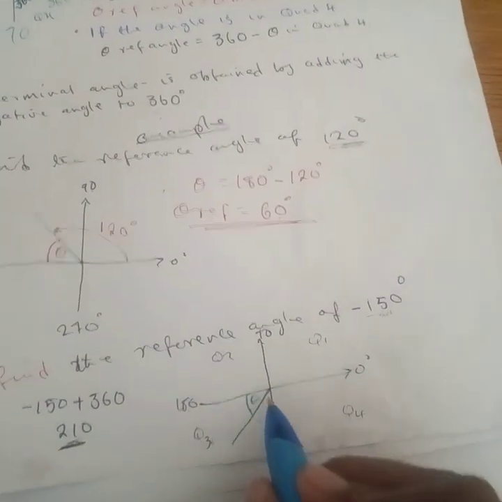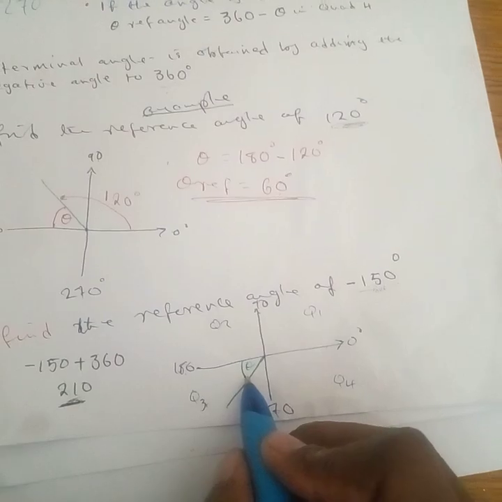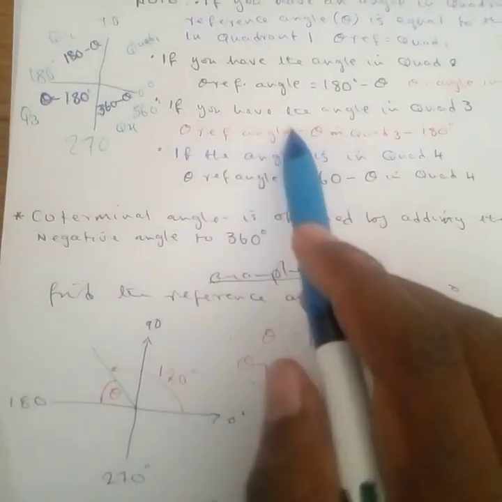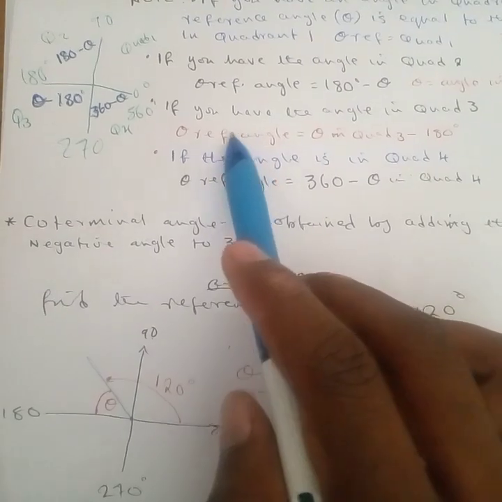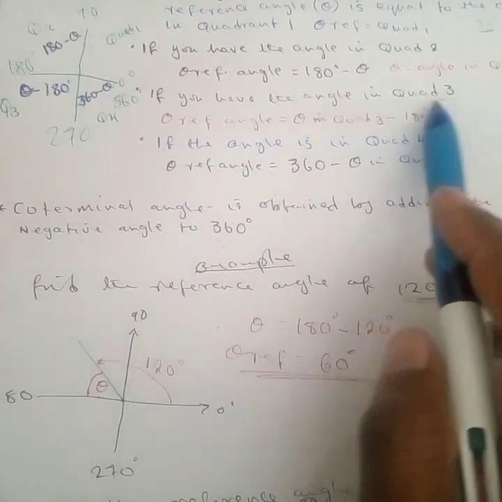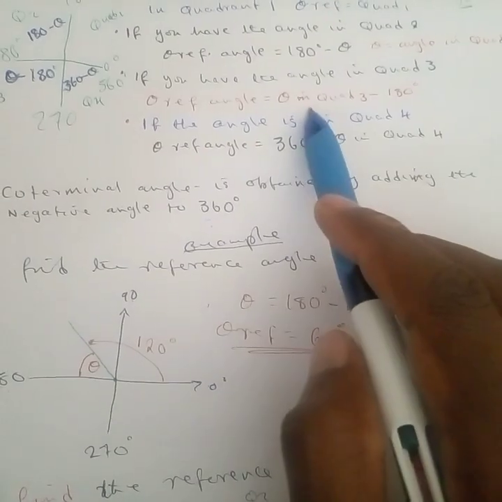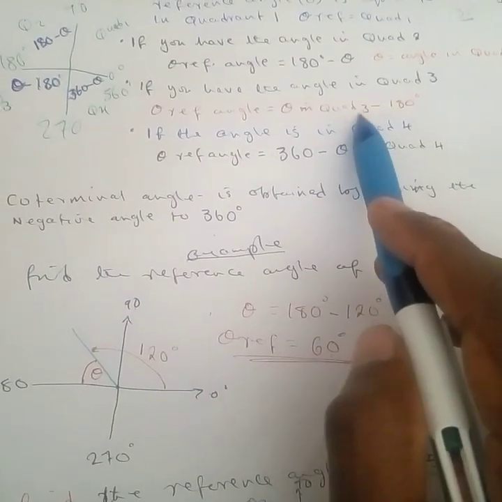So what are we going to do to find the reference angle? The concept is simple now. What does the concept say in quadrant 3? If you have an angle in quadrant 3, the reference angle is found by subtracting 180 from the angle you have been given.